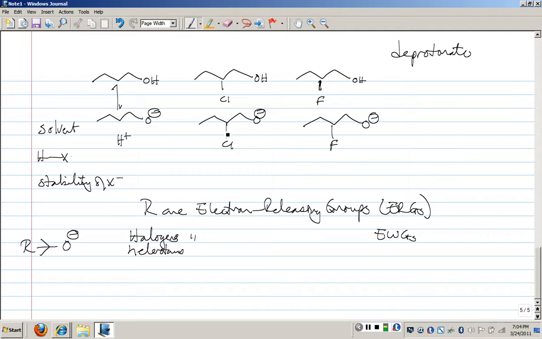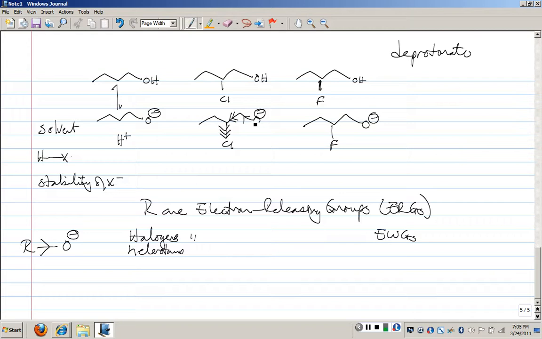Flash forward to this species. I have an O minus, but 1, 2, 3 bonds away, which is within the realm of induction, I have a chlorine. The chlorine will draw electron density from this carbon, which will draw electron density from that carbon by induction, which will draw electron density from the O by induction.